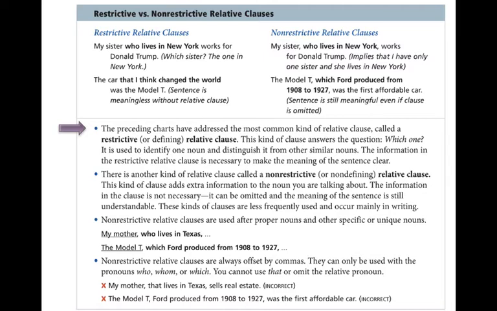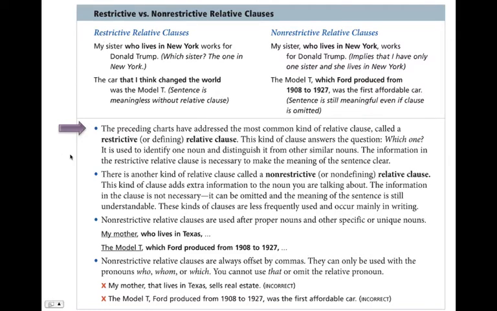The information in the restrictive relative clause is necessary to make the meaning of the sentence clear. So let's go over that again. A restrictive relative clause is the kind of relative clause that's necessary for us to understand which one, which sister, or which car. It helps define that sister or that car.